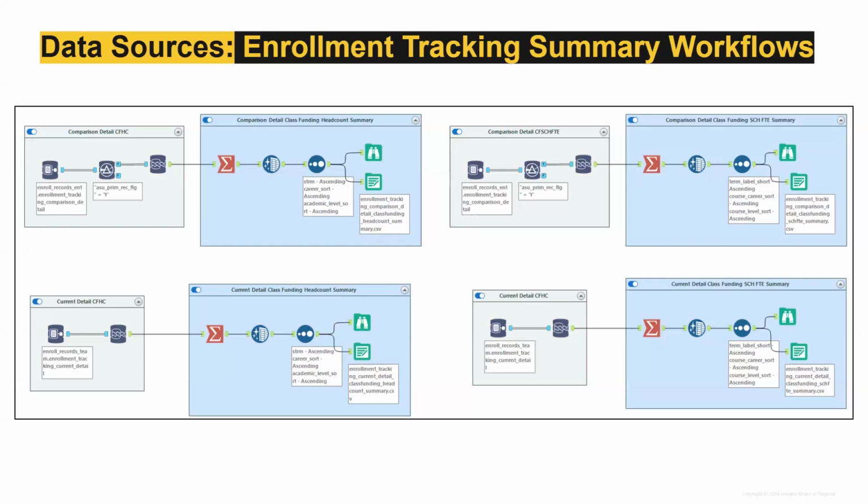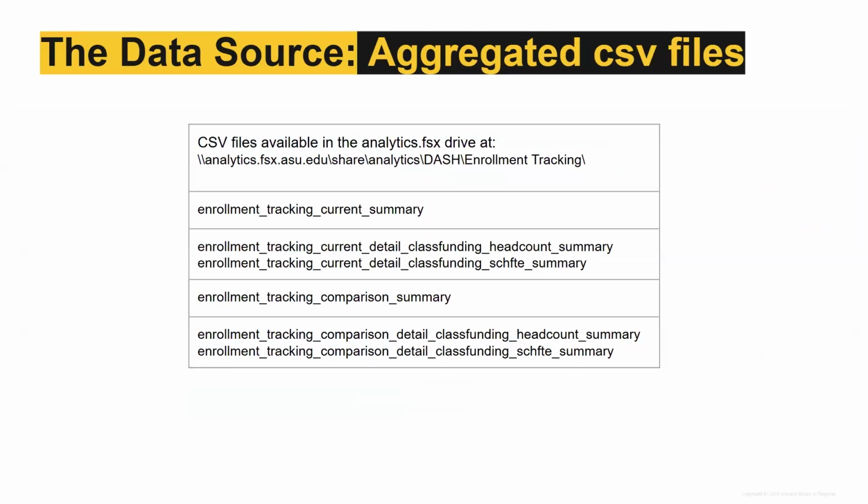So yay. The aggregated CSV files that you can use are the enrollment tracking current summary, then the class funding headcount and SCH current detailed summaries, and then the comparison summary, and then the class funding headcount and SCH versions of those as well. So yay, I hope some of you can actually find some use in those.